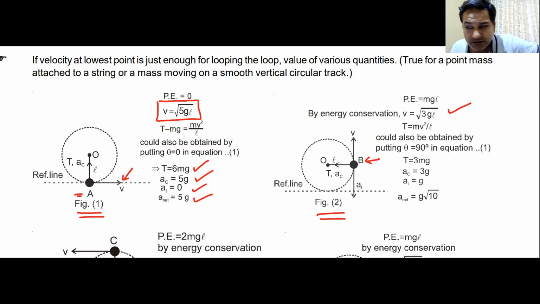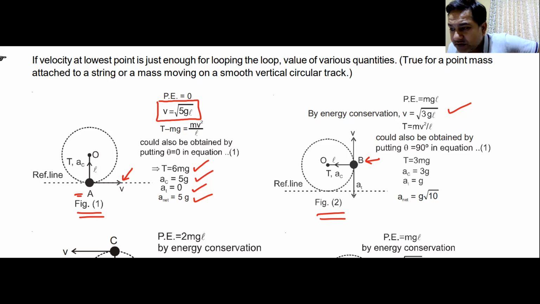The speed at point B comes out to be root 3gl. So I would like you to note it down. With the speed at the lowest point, you can write out the speed at point B.